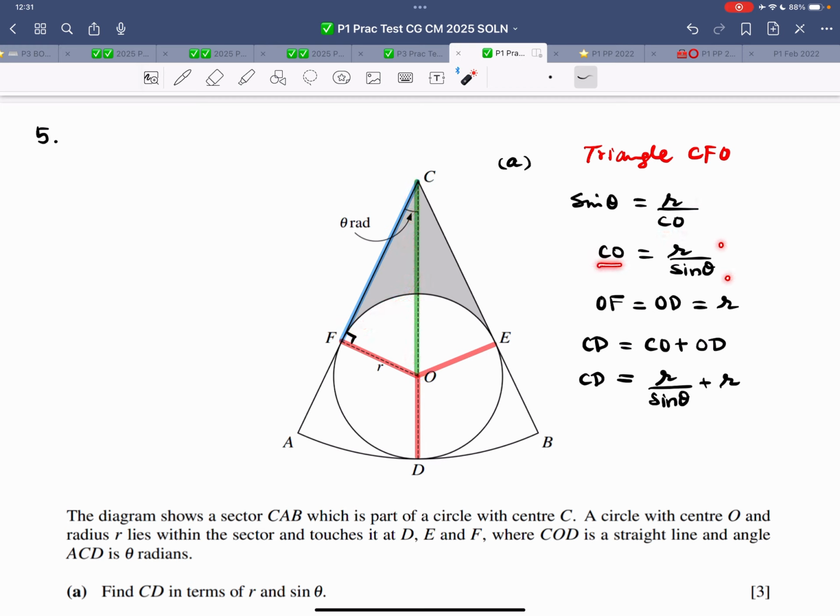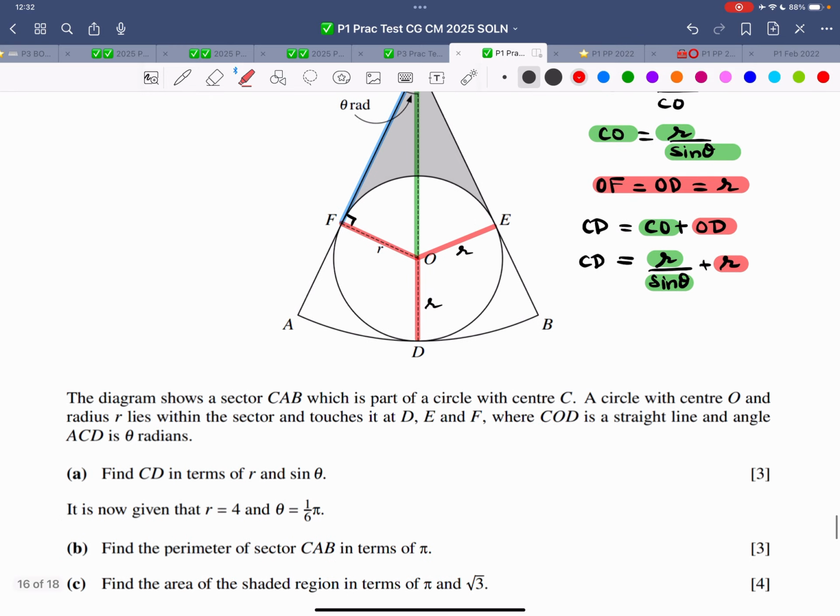CO is R over sine theta. So now CO is obtained. This small one is R, this is R, this is R. So CO is obtained, that is the green thing. Let me highlight it. CO is R over sine theta. And this reddish thing, OF is equal to OD is equal to R. So that R is being added.